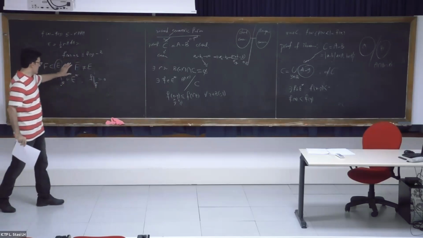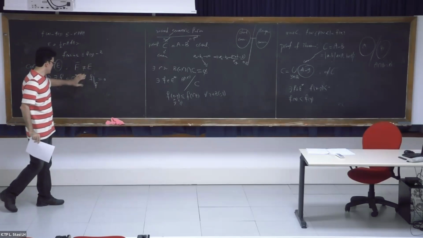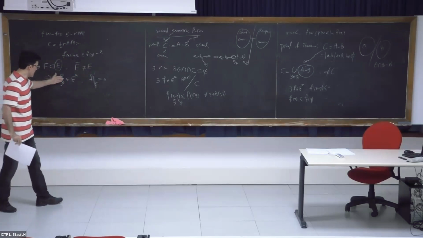So in the case that F is not dense in E, we always have such an f.